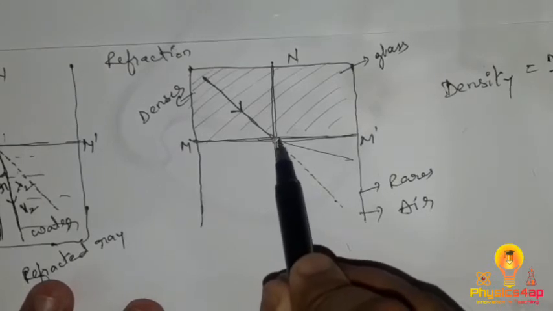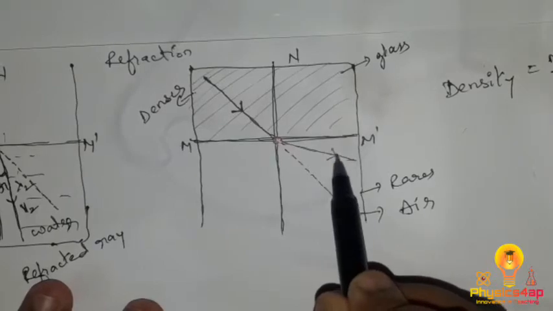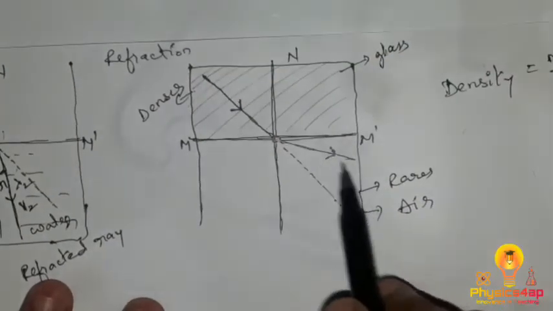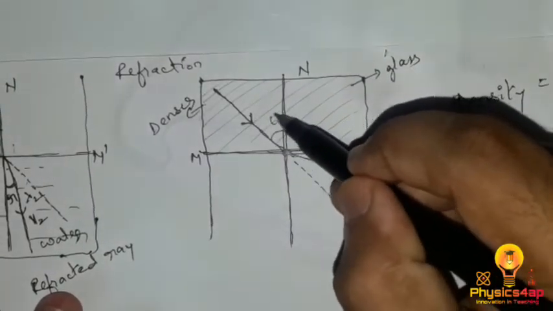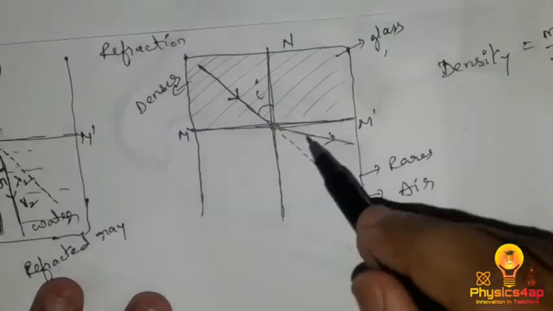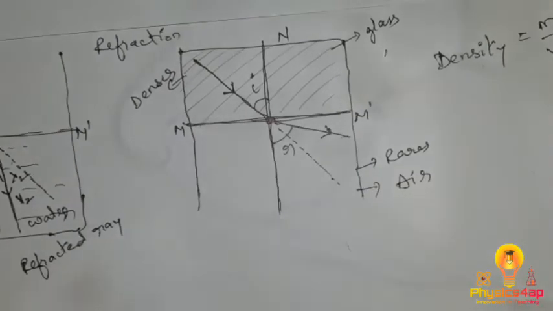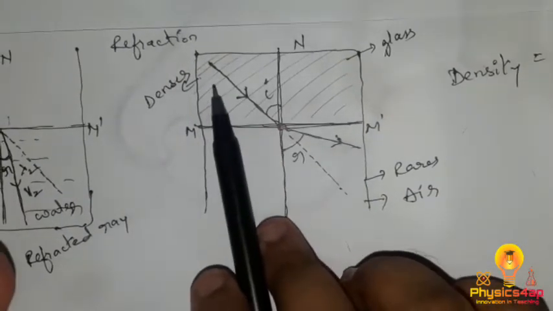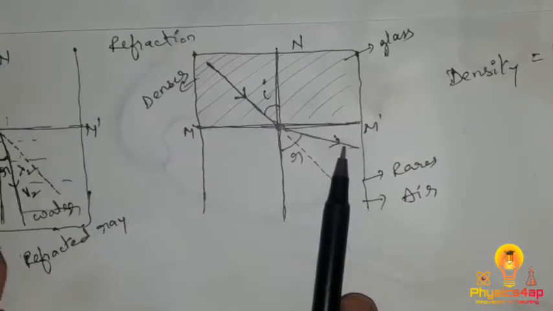This is the point of incidence, this is the incident ray and this is the refracted ray. The angle between the incident ray and the normal is the angle of incidence I, and the angle between the normal and the refracted ray is the angle R. So when light travels from denser medium to rarer medium, it bends away from the normal.